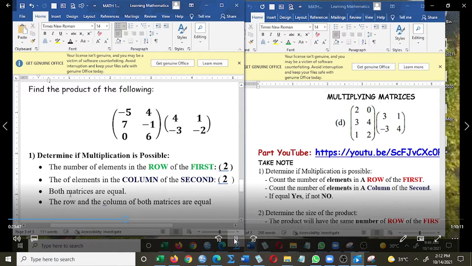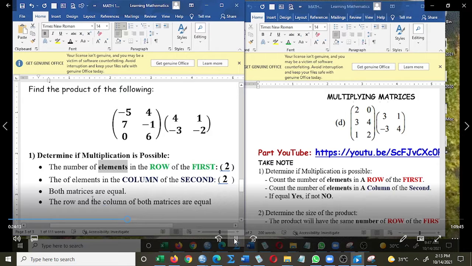Okay, so those two observations are not totally accurate. That's not what we did there. We counted the number of elements. You see, you have a row, and in that row you have elements 1, 2. You have a column, and in that column you have elements 1, 2. So it's not about the row and the column being equal.